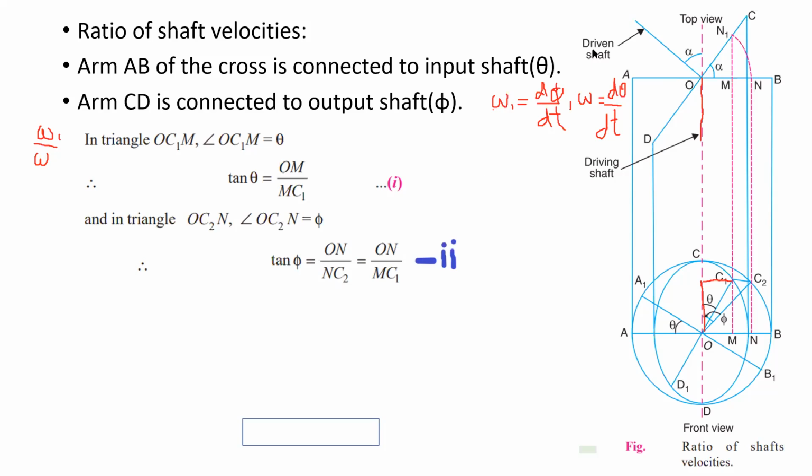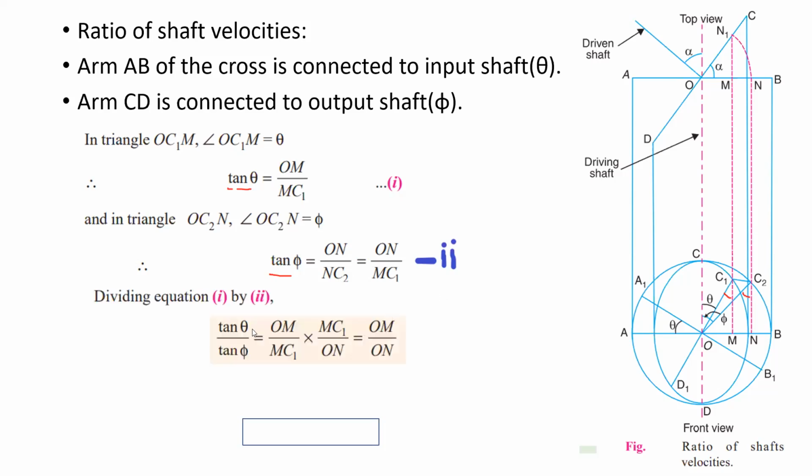Okay, so let me clear all drawings. One can easily see, as this is angle theta, this angle is also theta. This angle is also theta. As this angle is phi here, this angle is also phi. From these two equations, we want the relation between theta and phi, so we can take the ratio tan theta upon tan phi.